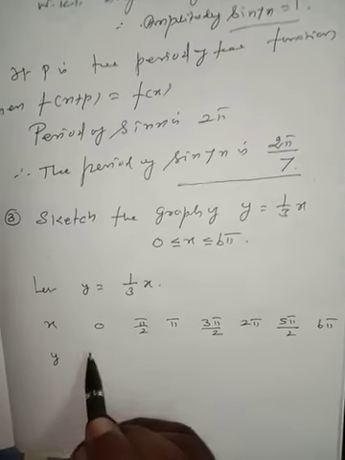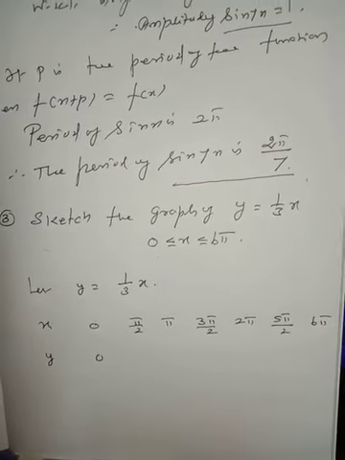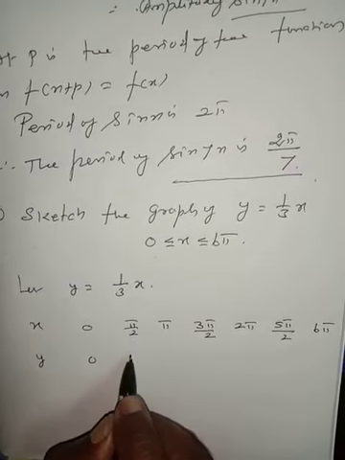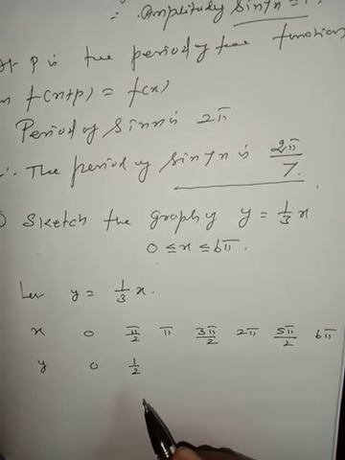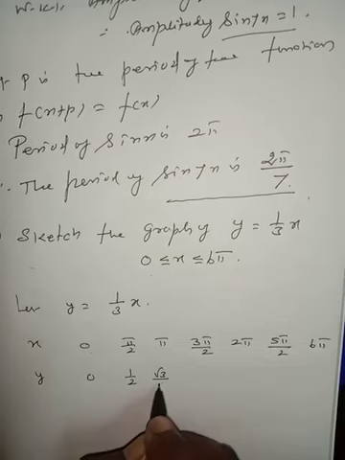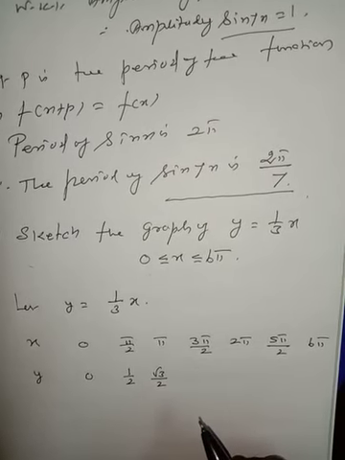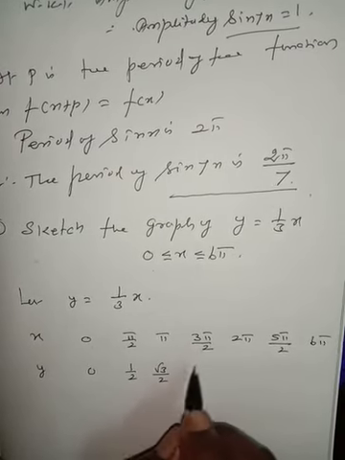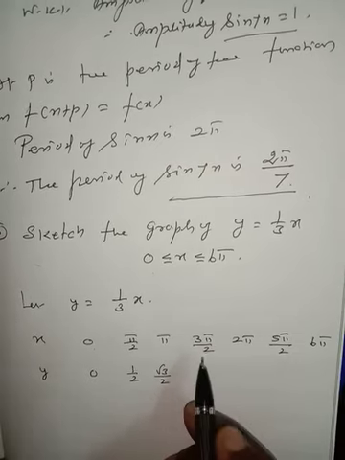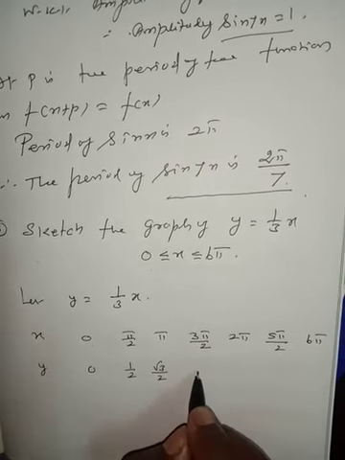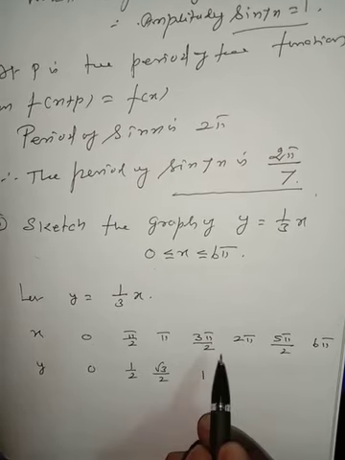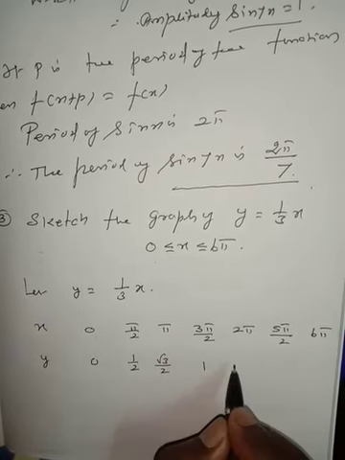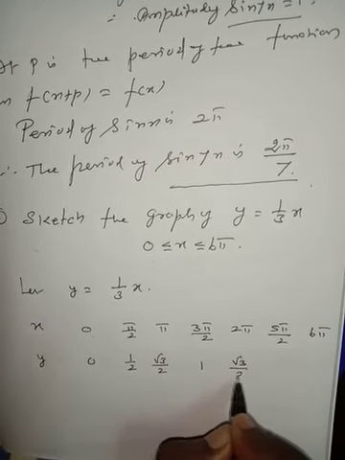Apply x is equal to 0 in y, we get 0. Apply x is equal to pi by 2, we get 1 by 2. For x is equal to pi, we get root 3 divided by 2.